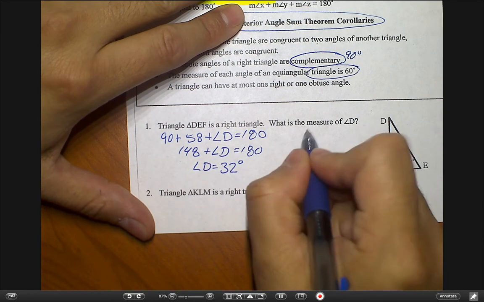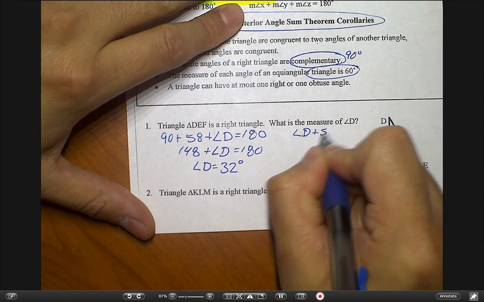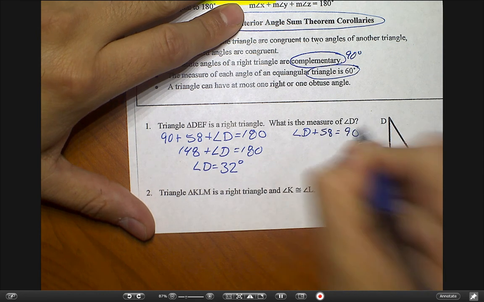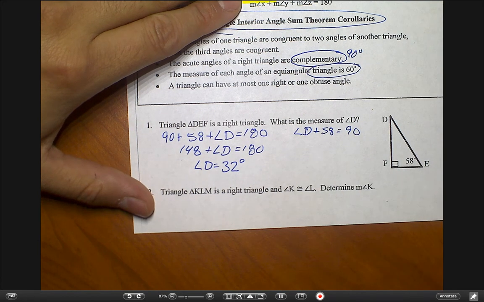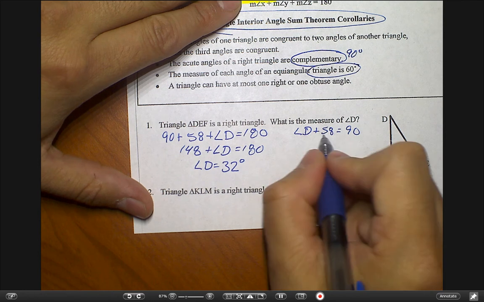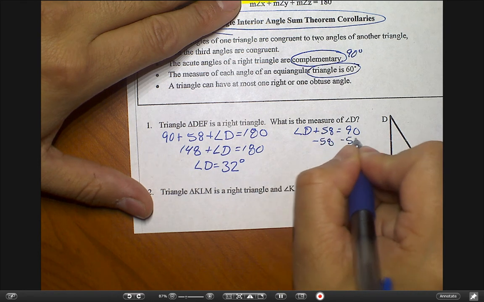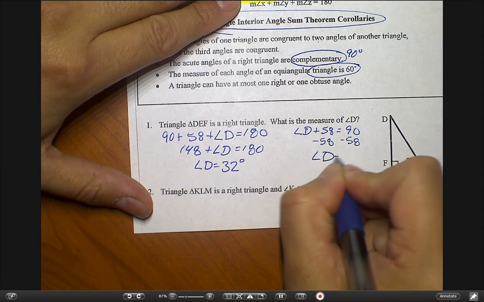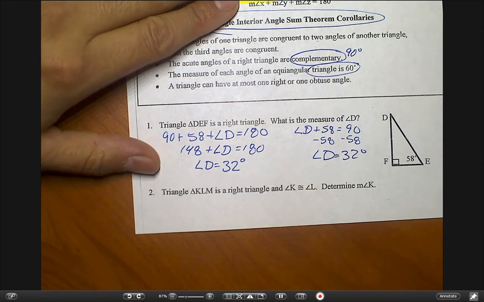So now it's going to be angle D plus 58 equals 90. I'm solving it the same way, but instead of doing all three angles, I have two of them. Subtract 58. So angle D is 32 degrees. So either way I work it, I'm still going to come out to be the same thing.